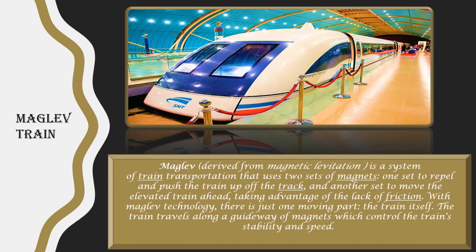One set repels and pushes the train up off the track, and another set of magnets moves the elevated train ahead, taking advantage of the lack of friction. With maglev technology, there is just one moving part, the train itself. The train travels along a guideway of magnets which control the train's stability and speed.